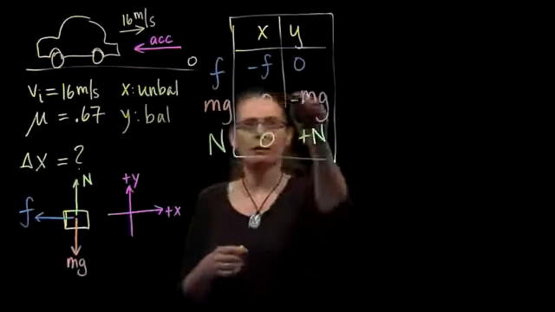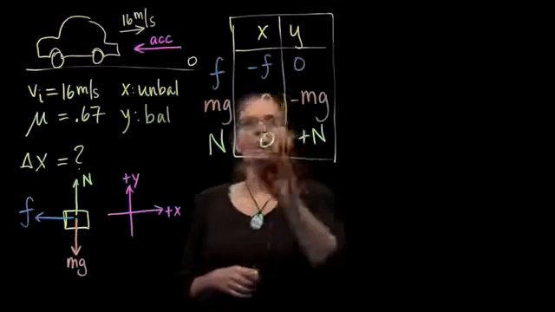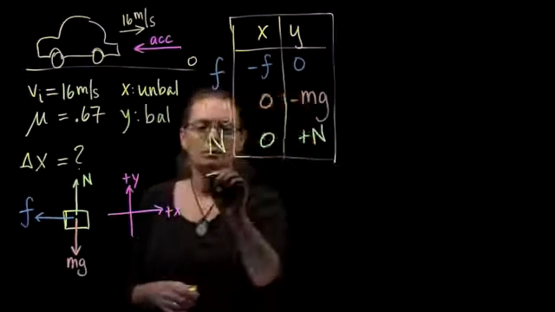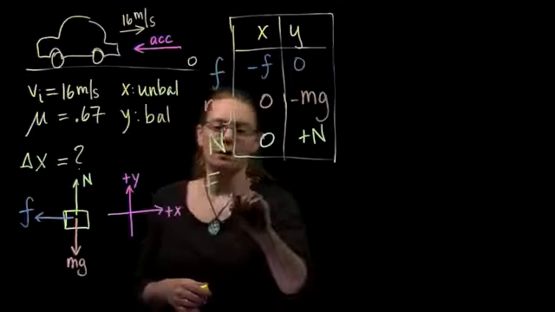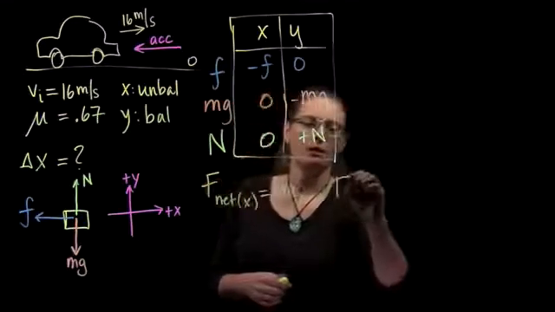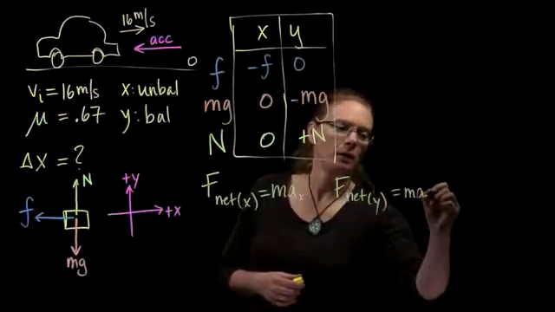Great, I think we've got our system here. Next, we're going to do Newton's second law for the x direction and for the y direction. The sum of the forces in the x direction equals max, and adding up all the forces in the y direction equals may.